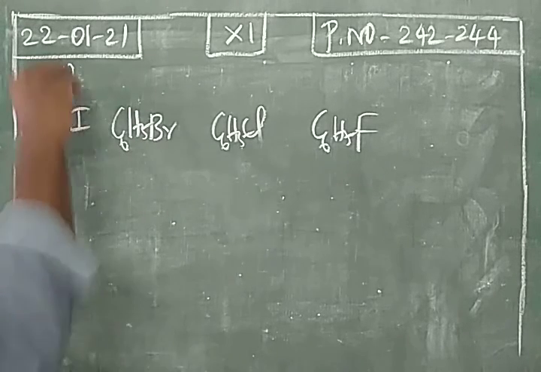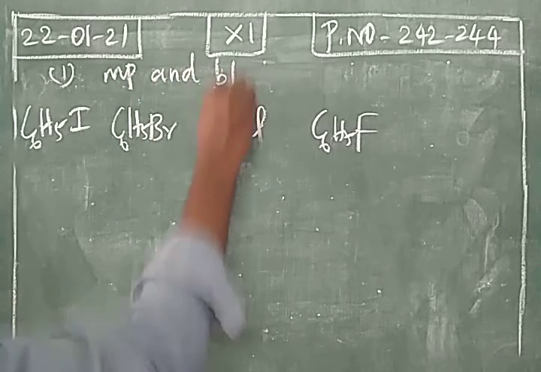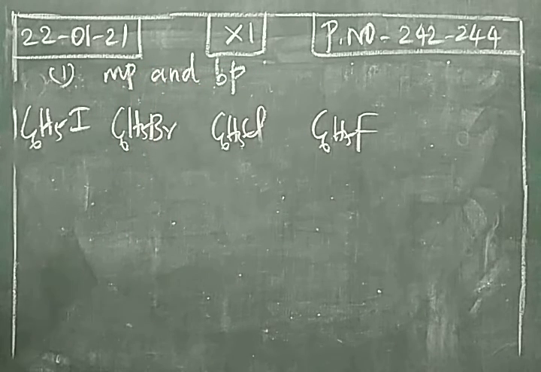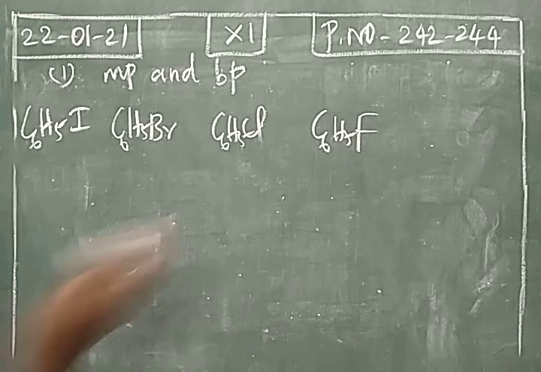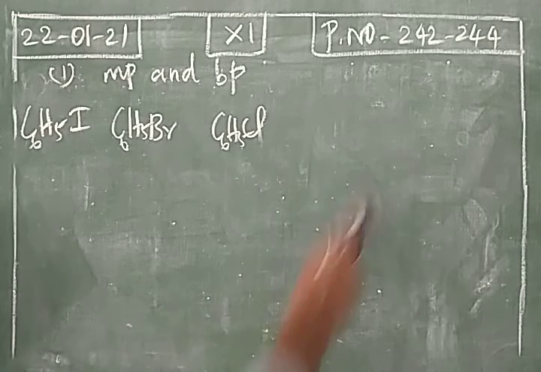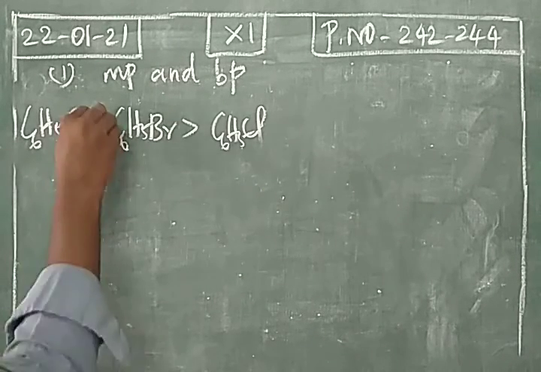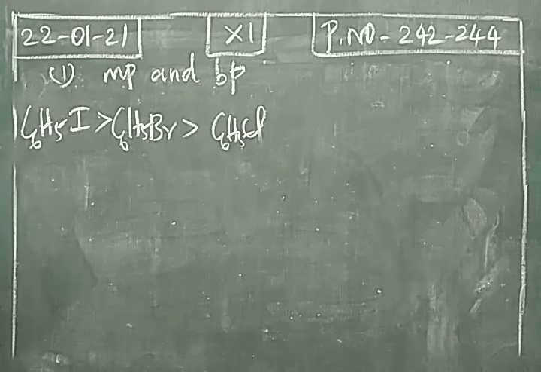First physical property, what about its melting point and boiling point? When halogen changes, melting point and boiling point will change in haloarenes. Generally comparing chlorobenzene, bromobenzene will have more melting and boiling point. Comparing bromobenzene, iodobenzene will have more melting and boiling point.